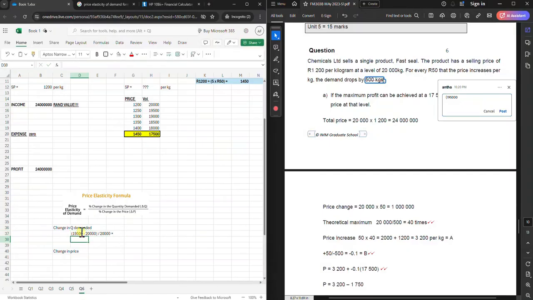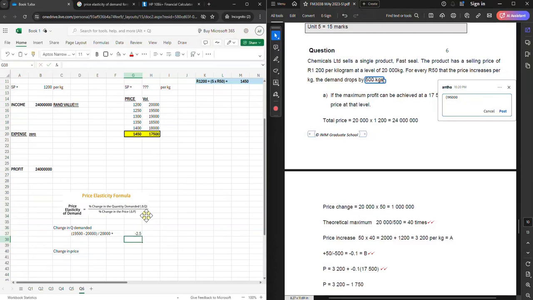Does that make sense? Yes. Why did you divide by 20,000 again? Because it's a percentage. Percentage change. Look at the equation. Percentage change in price.